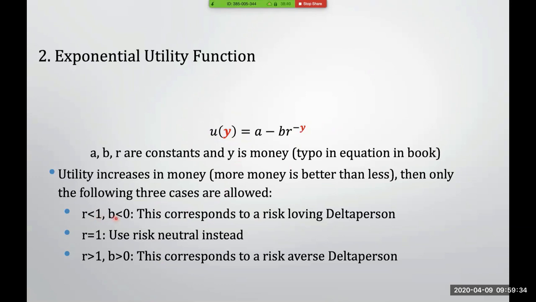Again, when r is less than 1, then b needs to be less than 0 to ensure that the u values are increasing when y increases. And when r is greater than 1, b has to be positive in order to ensure that the u values of the money are increasing when the money amount increases.